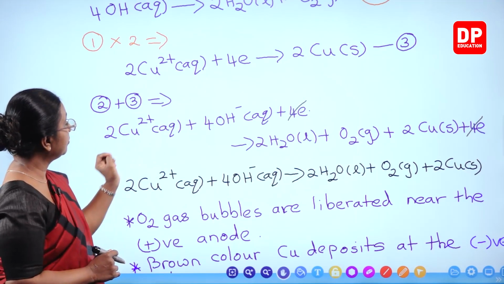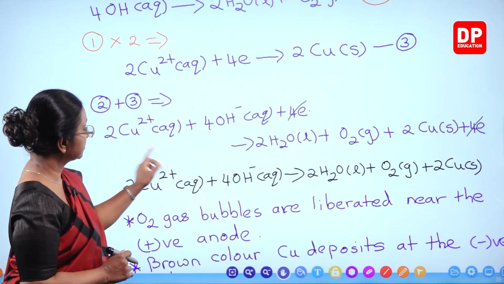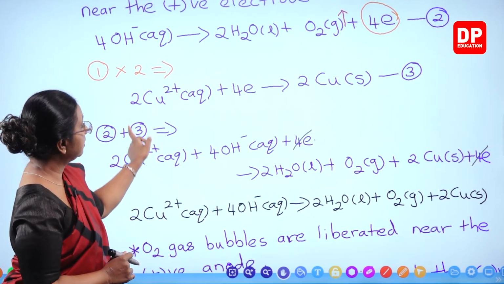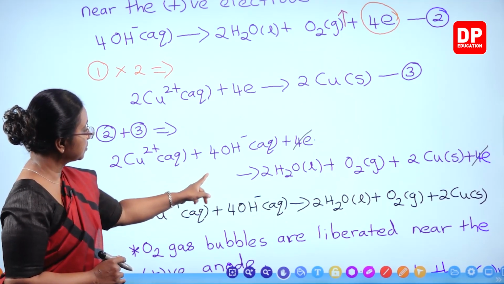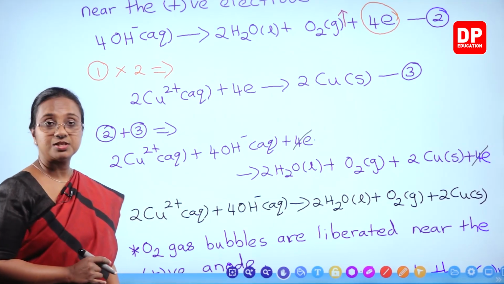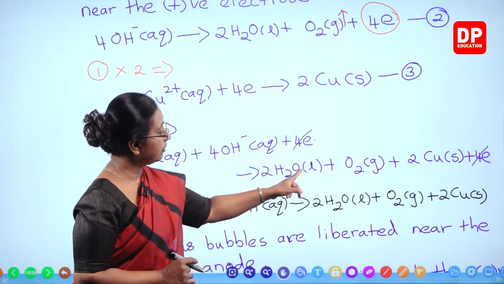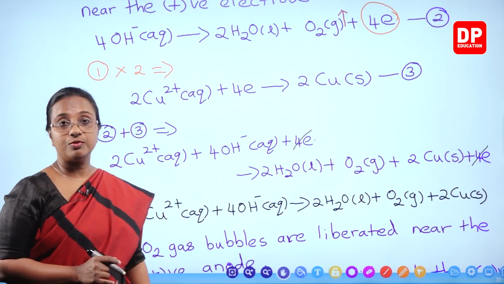When you add 2 and 3 together, you get 2 Cu2 plus aqueous plus 4 OH minus aqueous plus 4 electrons becoming 2 H2O liquid plus O2 gas plus 2 copper solid and 4 electrons.